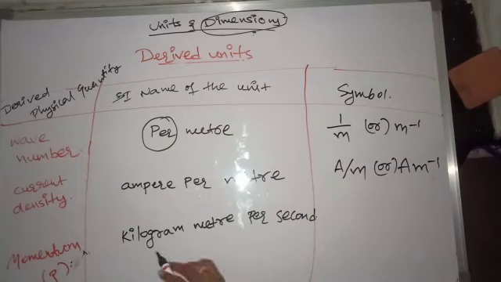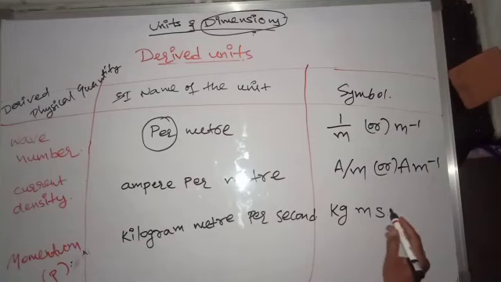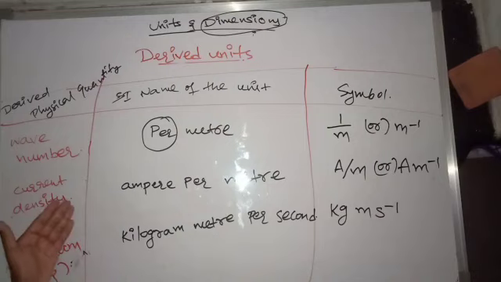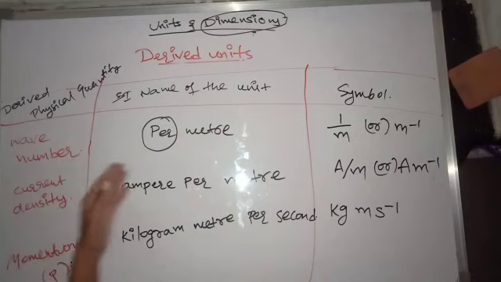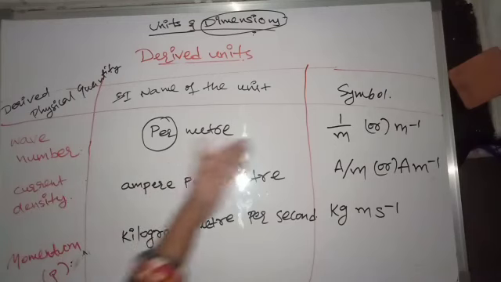The symbol for kilogram is kg, meter m, per second that is s power minus 1.